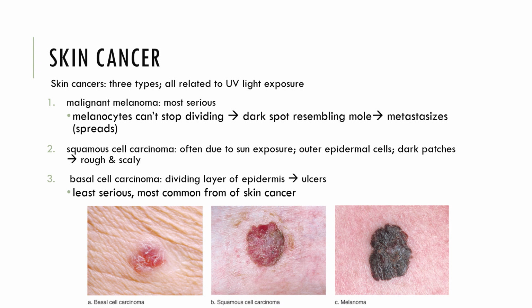And lastly, we have basal cell carcinoma. This is the most common type. It originates in the basal cells of the dermis. It grows slowly and rarely spreads, but it can cause significant damage if left untreated. It's often linked to long-term UV exposure.